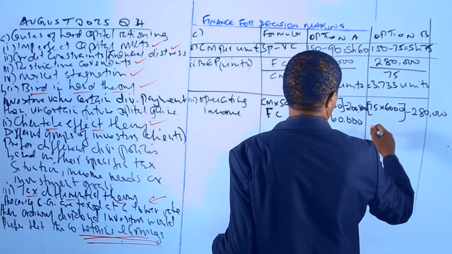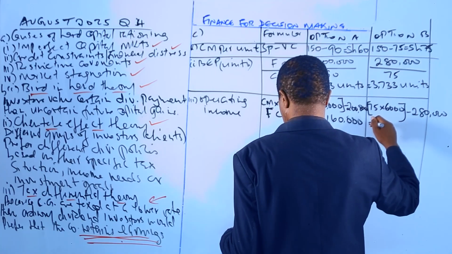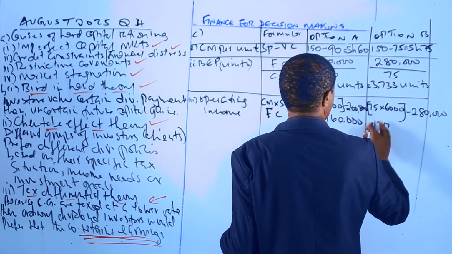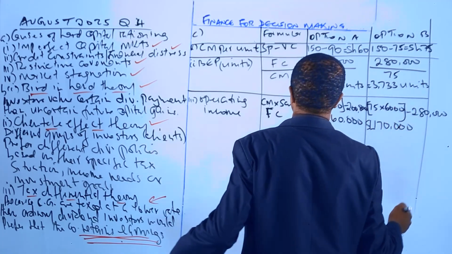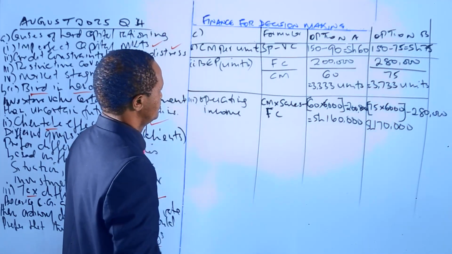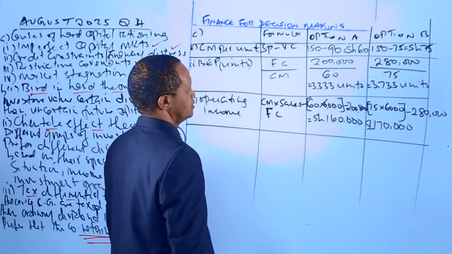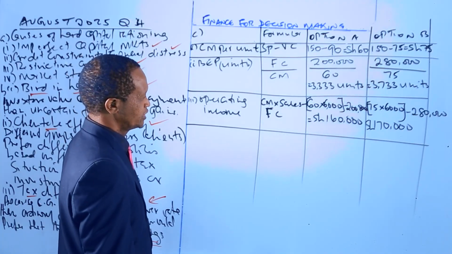This is equal to 170,000. Operating income, option A, 160,000. Option B, 170,000.